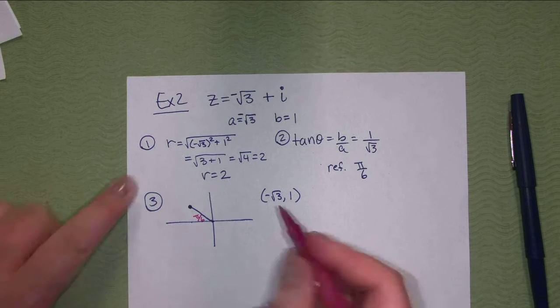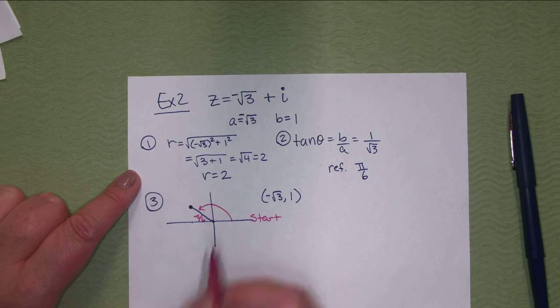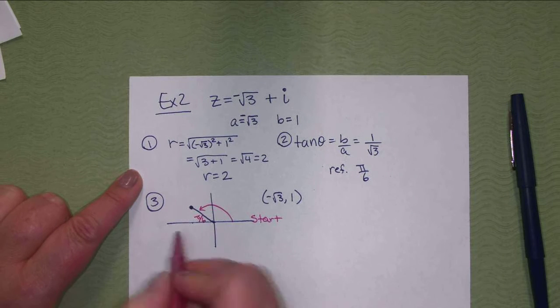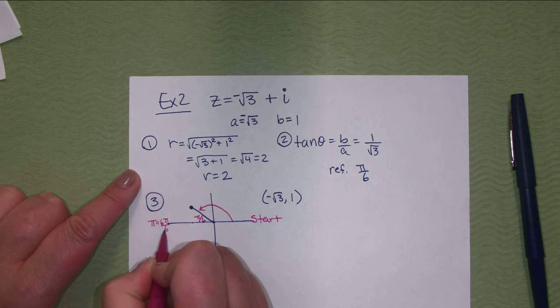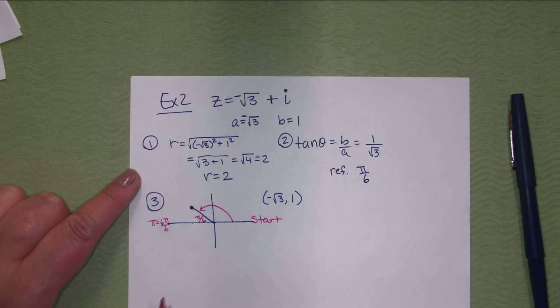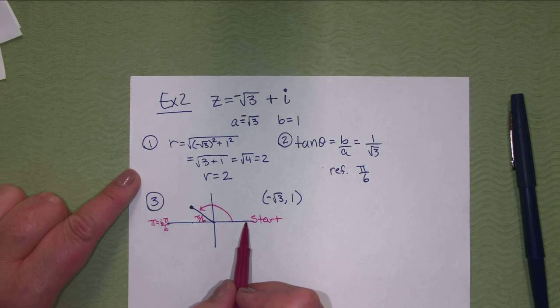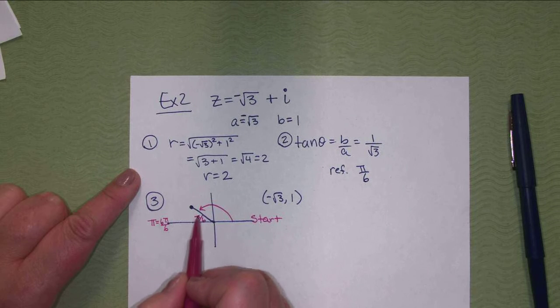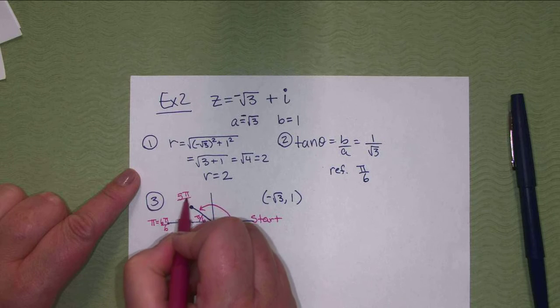So how many pieces is this? All the way back to this line is pi, which would be 6 pieces. So if we have 1 less, it would be 5. 6 is all the way to the end, 12 is all the way around, it's 2 pi. So if you take out a 6, you have 5 left. So our angle theta is 5 pi over 6.